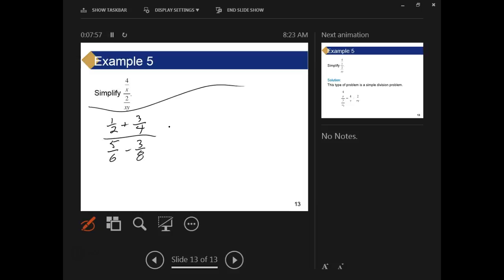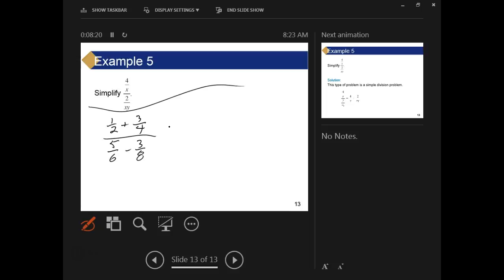Okay, that will certainly work. Let's find the common denominator of all the denominators, both in the numerator and denominator. Common denominator between 2, 4, 6, and 8. 24, okay? Because you see 2 will go into 24, 4 will go into 24, 6 will go into 24, and 8 will go into 24.